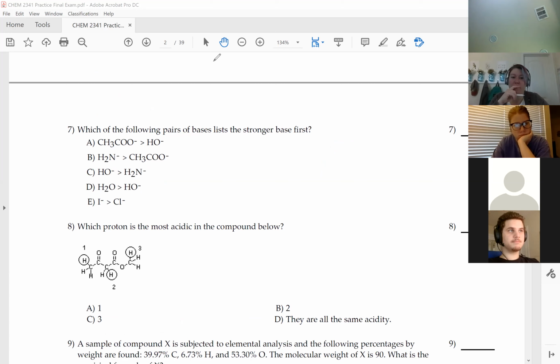Okay, which of the following pairs of bases lists the stronger base first? I want to give you guys a minute to think through these.